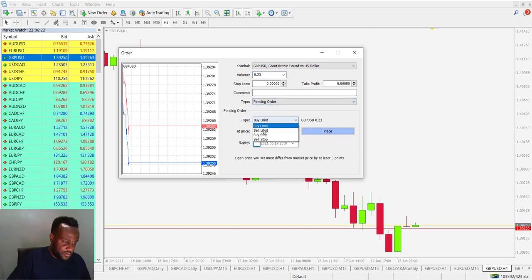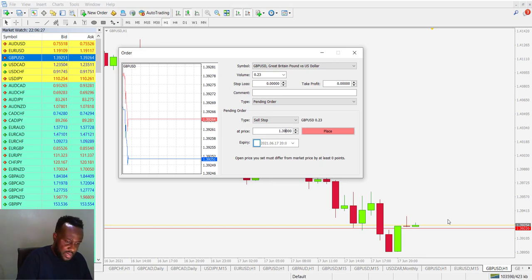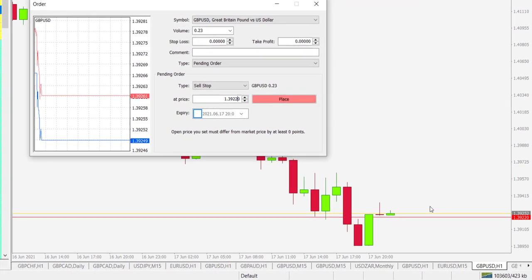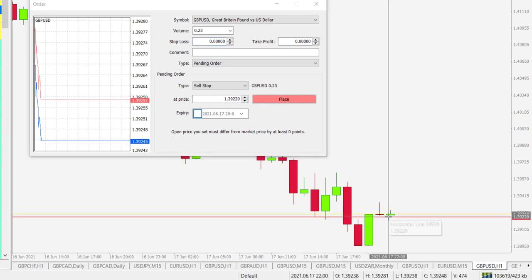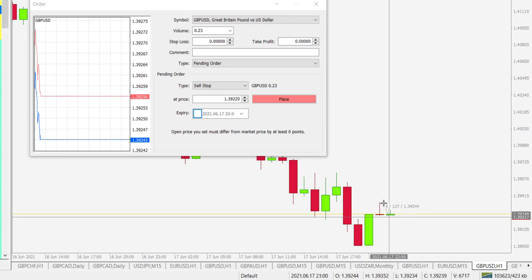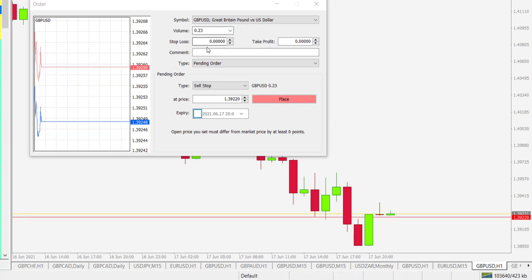I want to use the pending order, sell stop, and the entry price is 1.3922, and my stop loss, which is 15.2 pips as we just did, will be 1.39369.